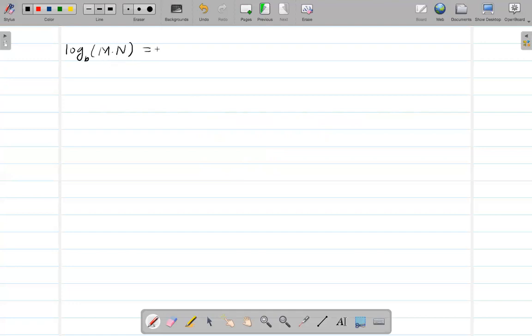In this case, the property of logs is that we can split this into two terms, log base b of m and log base b of n. But whenever we split this into two terms where they were multiplying, we write a plus.